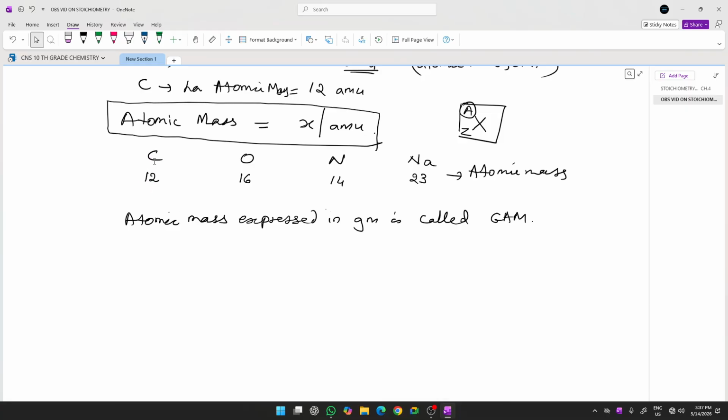For example, gram atomic mass for carbon will be 12, and now you don't write AMU, write 12 gram.